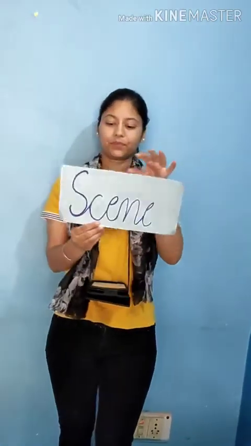So let's begin our class with phonics. Do you remember how to read a word by thinking of the sound of each letter? Let's try with this word. Just try to read this word. Did you get it right?